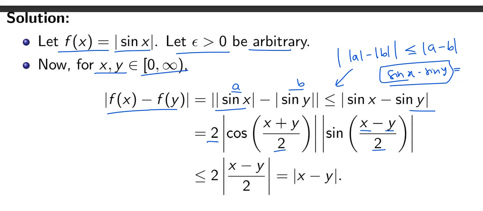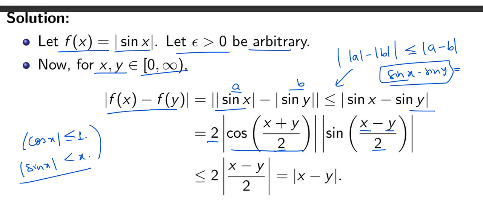Now note two things: modulus of cos x is always less than or equal to 1, and modulus of sin x is always less than or equal to modulus of x. You can verify this. These are the two results we are using from this step to this step.